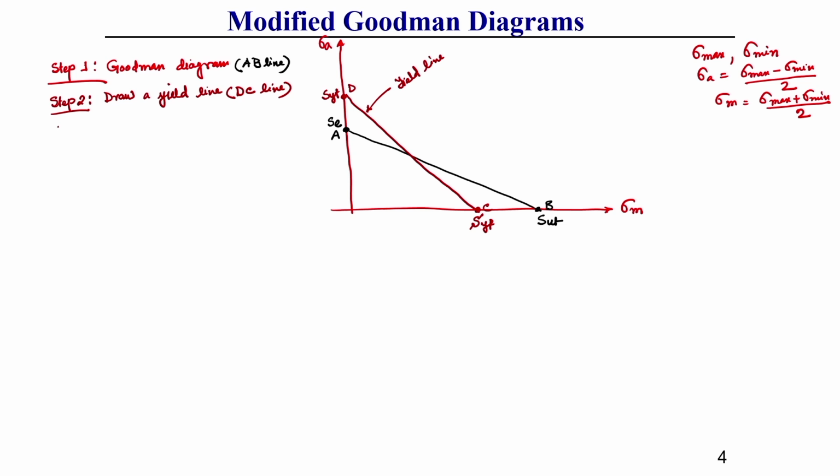Now, the third step, we need to find out the intersection point of this AB and CD line, or this crossing line. So, step 3 will represent the intersection point of AB and CD lines.